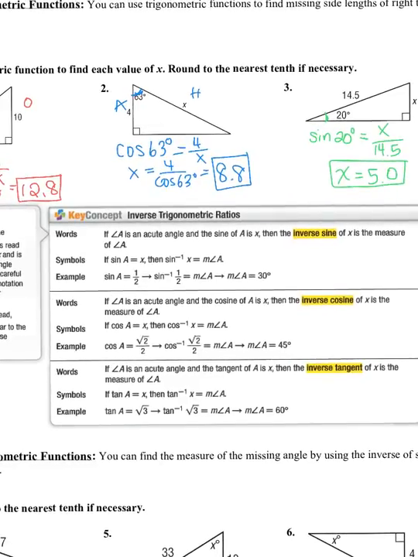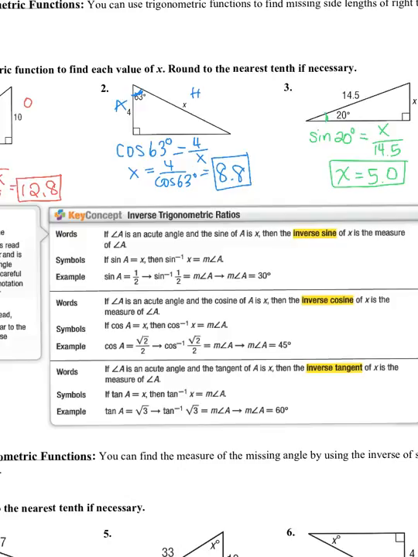All right, now we're going to talk about what if we don't know the angle, but we know the sides. If we don't know the angle, what we need is the inverse trig functions, the inverse trig ratios. So we have inverse sine, inverse cosine, and inverse tangent.